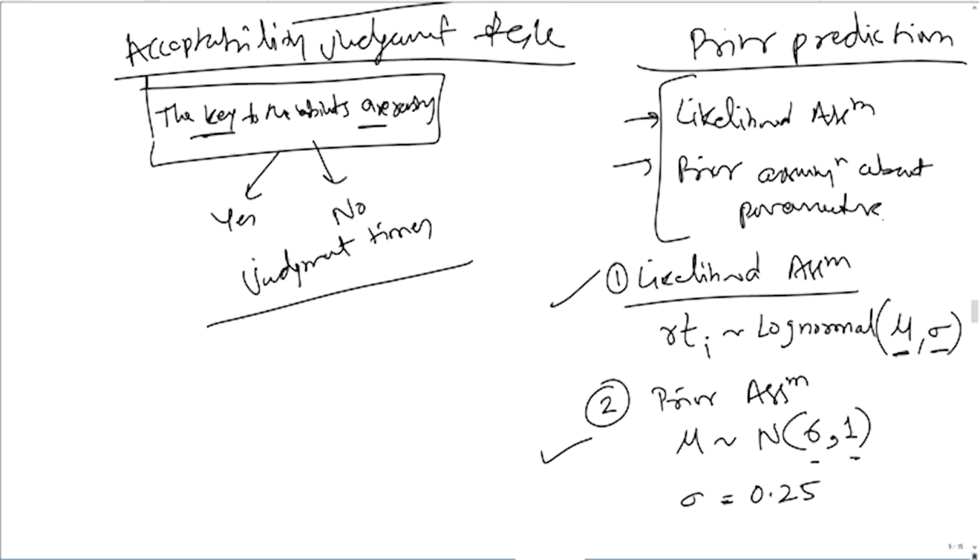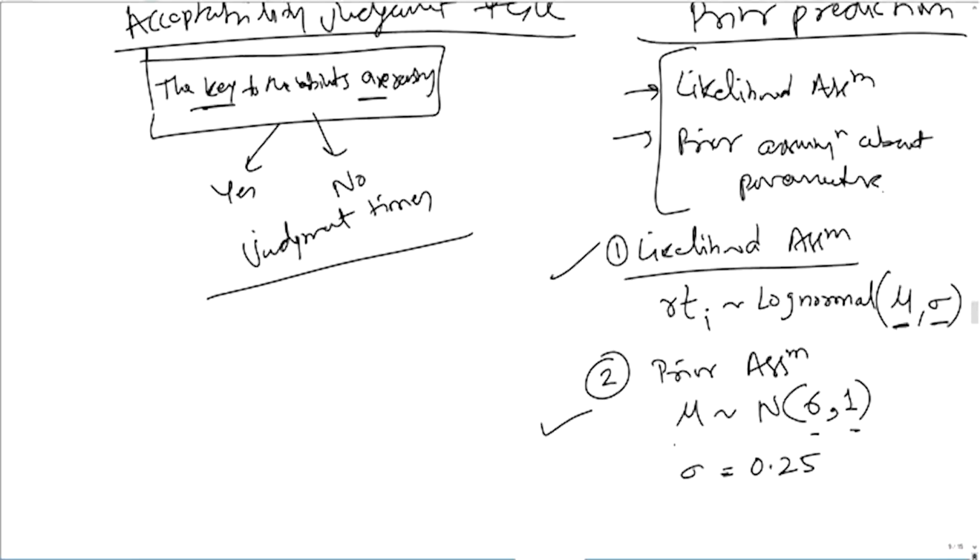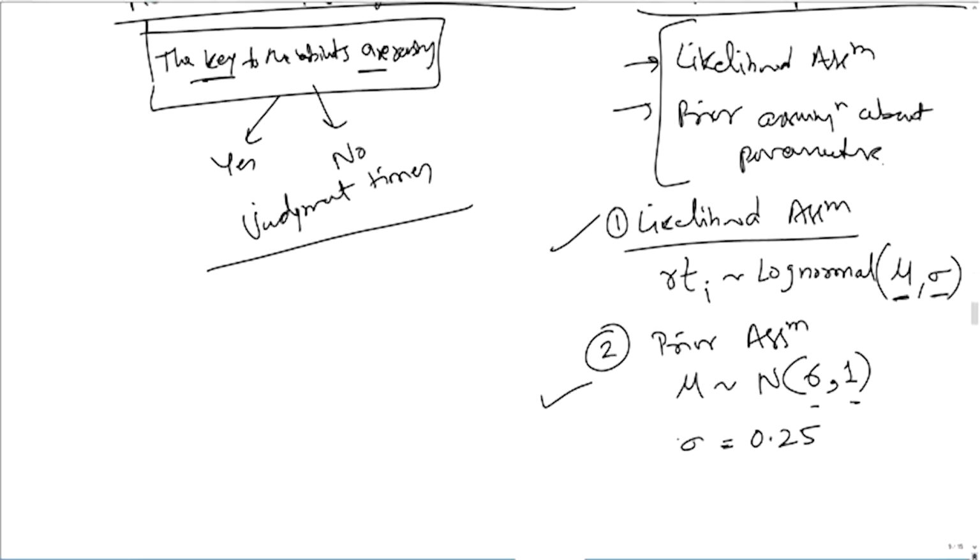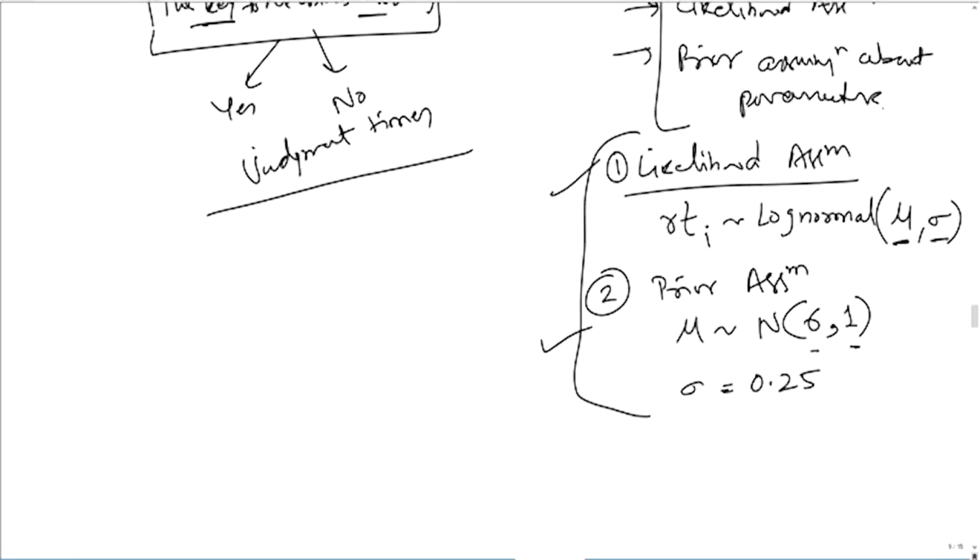Now, you can generate prior predictions from this model. What is a model? A model is just the set of the assumptions you are making here. In this case, your model is your likelihood assumption and your prior assumptions. Now, you can generate prior predictions from this model. What does that mean? Given your prior assumptions about the parameters, what data would the model generate?